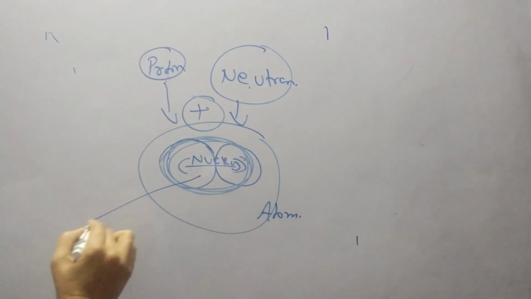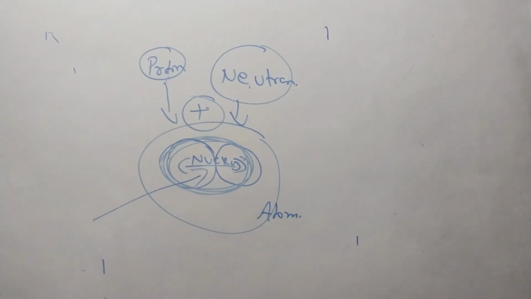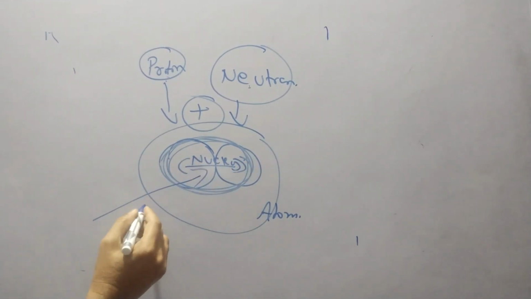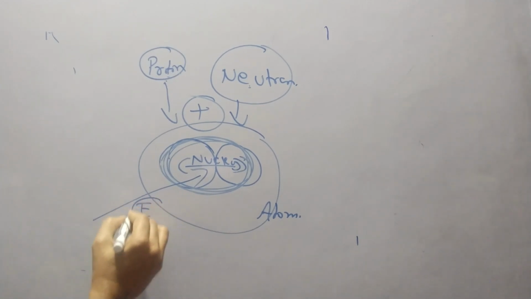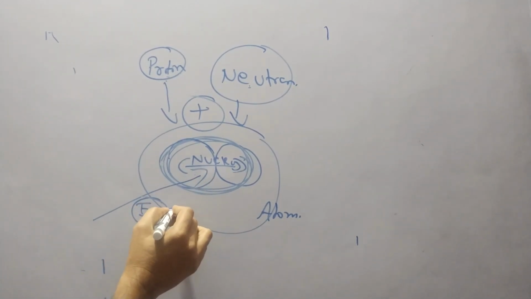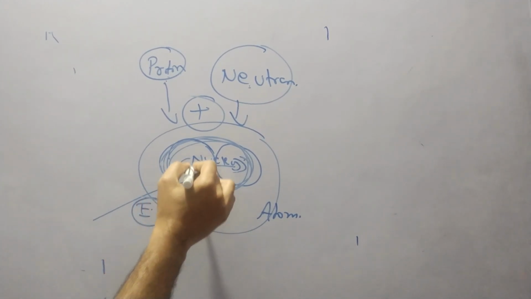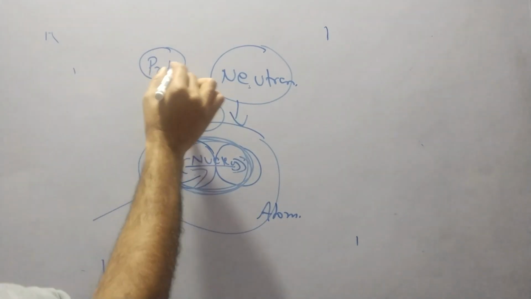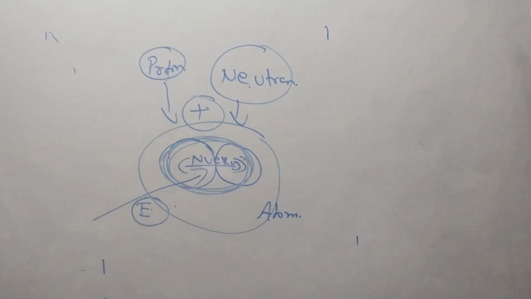Now we want to separate this. So we have to supply energy here. That energy is known as binding energy. Binding energy means to separate this proton and neutron. Binding means not combining.